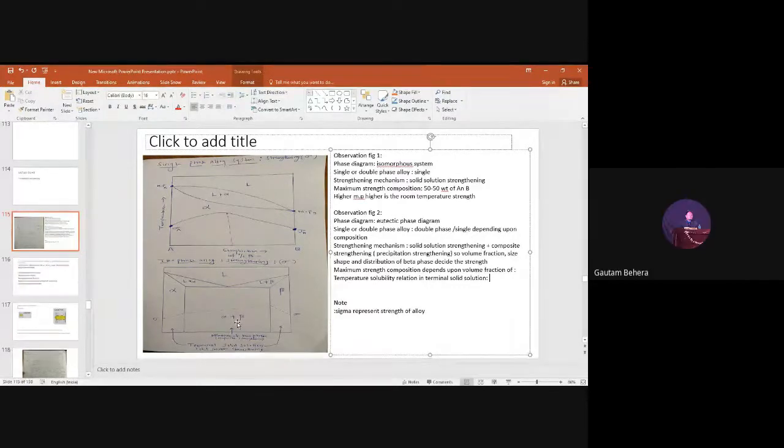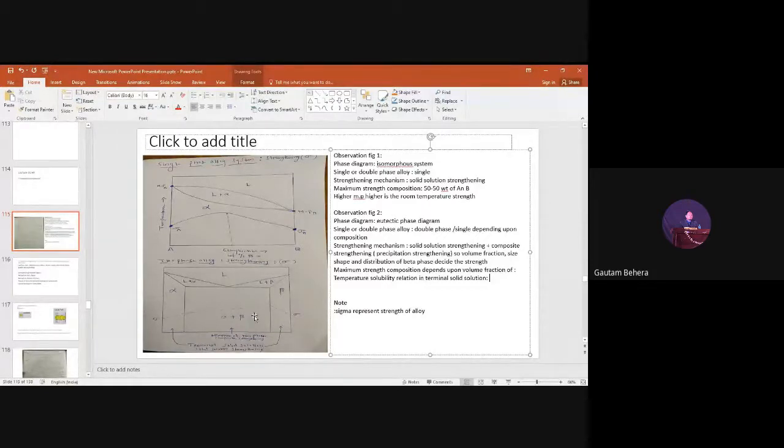The property and composition of beta are different from those of alpha. Composite materials means you are mixing two different kinds of materials. Physically, chemically, and mechanically they are different. That is a composite material. For a good explanation, I am saying this is composite strengthening because the nature of beta and alpha are different.